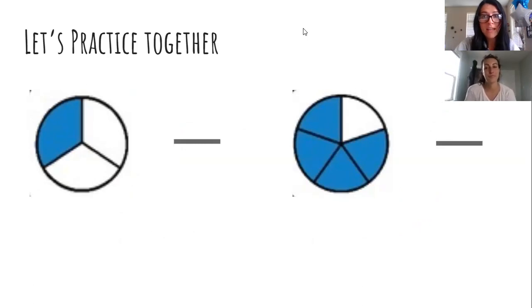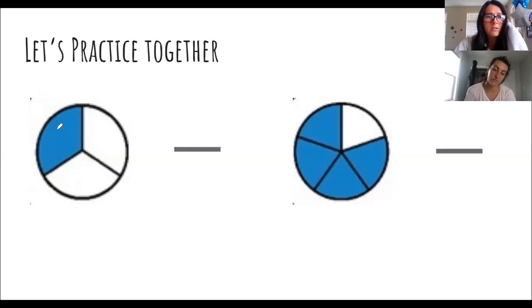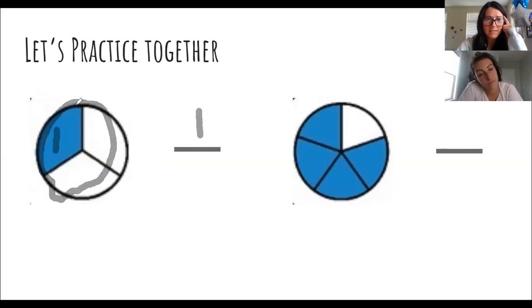So if I look at this first fraction, I see that there's one piece that's blue. And I know when I'm talking about fractions that I'm talking about part over whole. So the part is the blue piece. I think the part is 1. And now I need to count my picture all together, all those pieces.